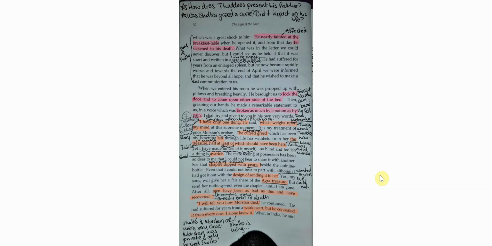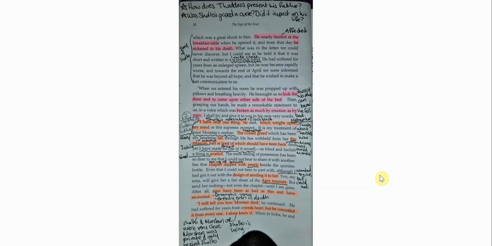When we entered his room, he was propped up with pillows and breathing heavily. He besought us to lock the door and to come upon either side of the bed. Then, grasping our hands, he made a remarkable statement to us in a voice which was broken as much by emotion as by pain. I shall try and give it to you in his very own words.